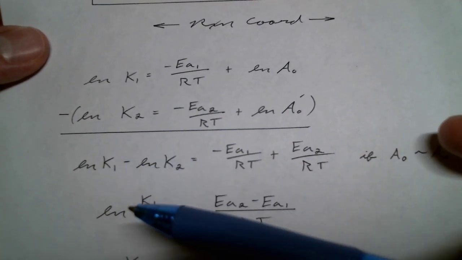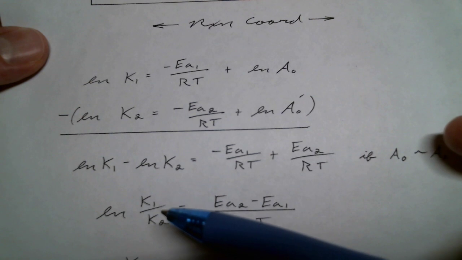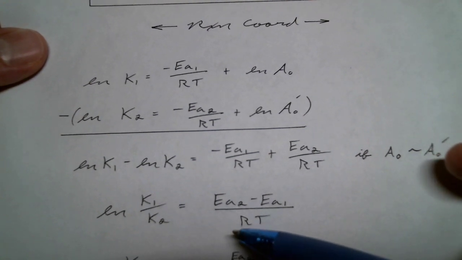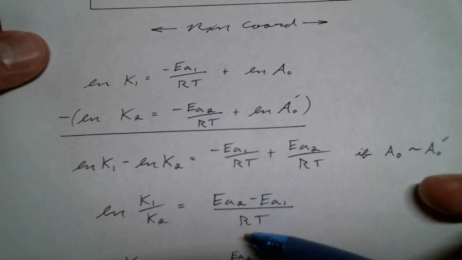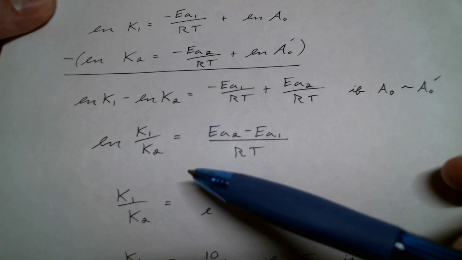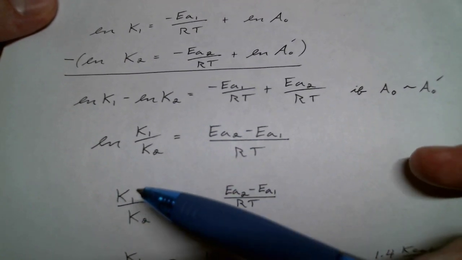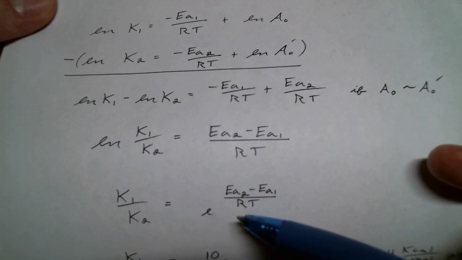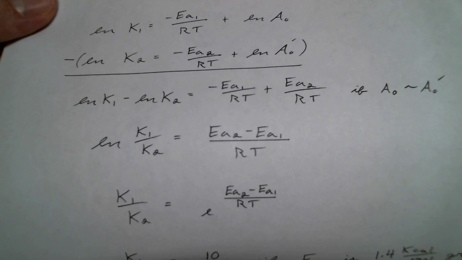And then we can collapse this side to the natural logarithm of k1 over k2 equals this difference in activation energies, Ea2 minus Ea1 over RT. And then we take each side, raise it as a power to e, and we get the ratio of k1 to k2 equals e to this difference in activation energies over RT.